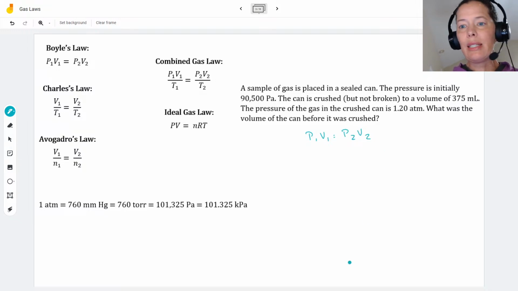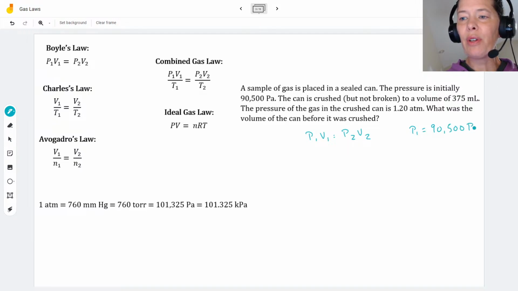And I didn't list out what we know. So let's make sure we list out what we know. So pressure 1, let's maybe put this over here. So our initial pressure is 90,500 Pascal. My initial volume is what the question is asking, so I'm just going to write that as a question mark.